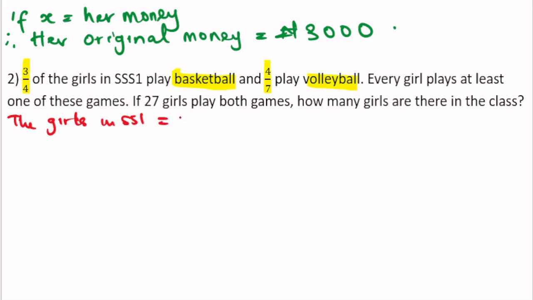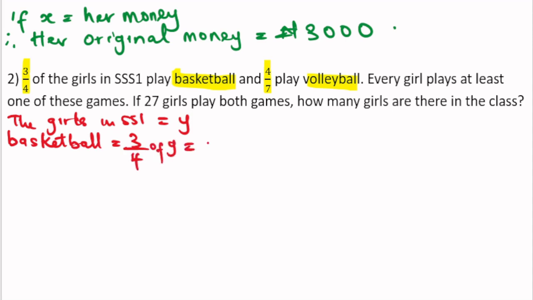We could use Y. So the next thing is 3/4 of the girls in SS1 play basketball. So the number of girls that play basketball is 3/4 of the girls in SS1, which is of Y.